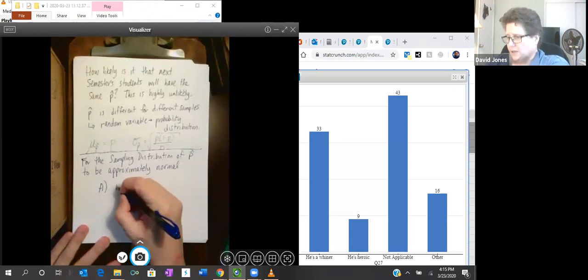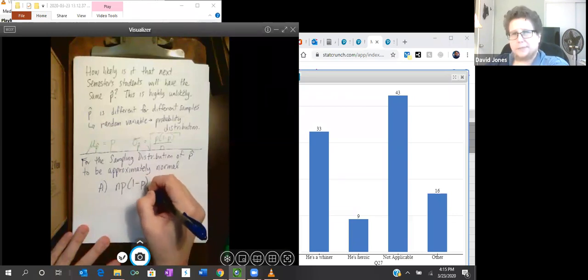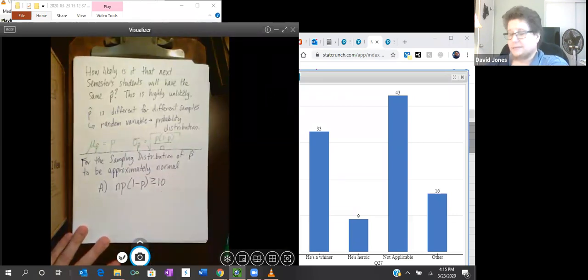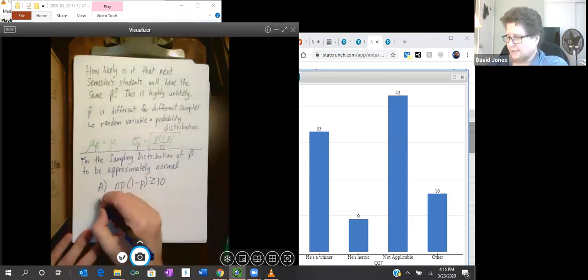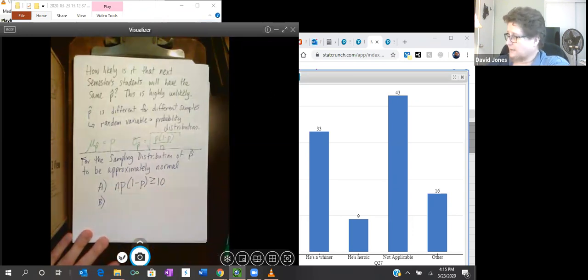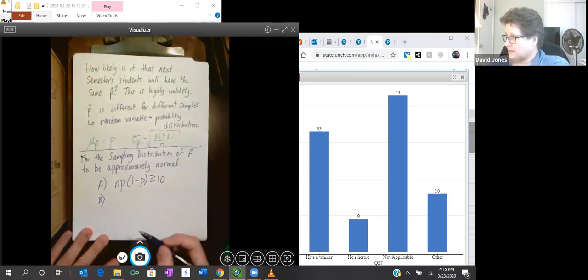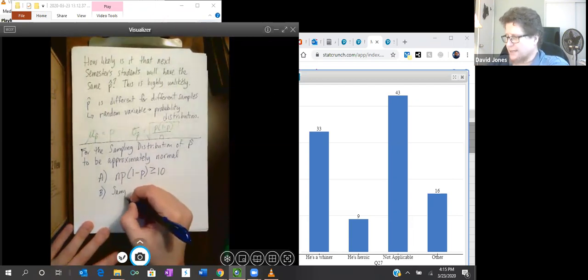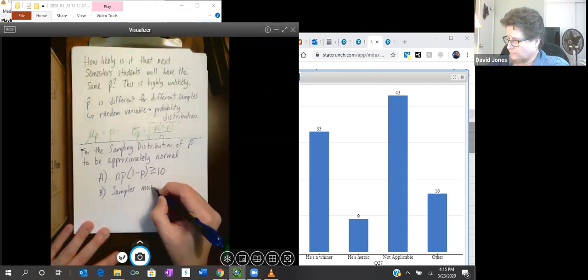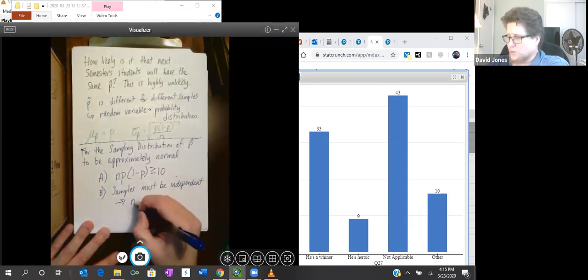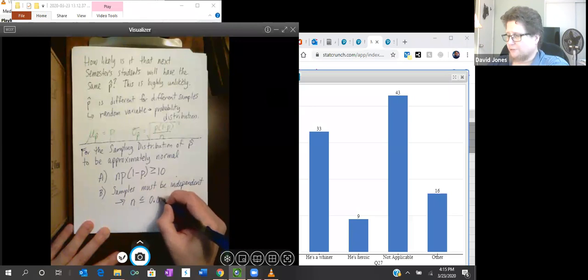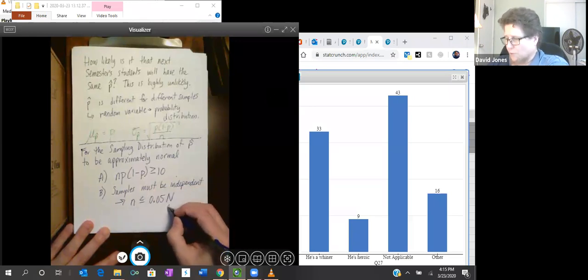A, we want n times p times 1 minus p to be greater than or equal to 10. And for B, we want samples to be independent. And the way we try to meet this one is we want n to be less than 0.05 times big N, where big N is the total population size.